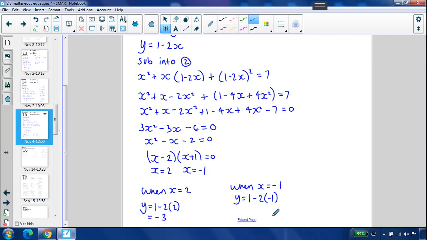Well, that's going to be minus 2, but I've got a plus 2 now, so it's going to be equal to 3. So therefore, the coordinates, if we need to write coordinates, are 2, minus 3 and minus 1, 3. Okay, I've got them from here and here.